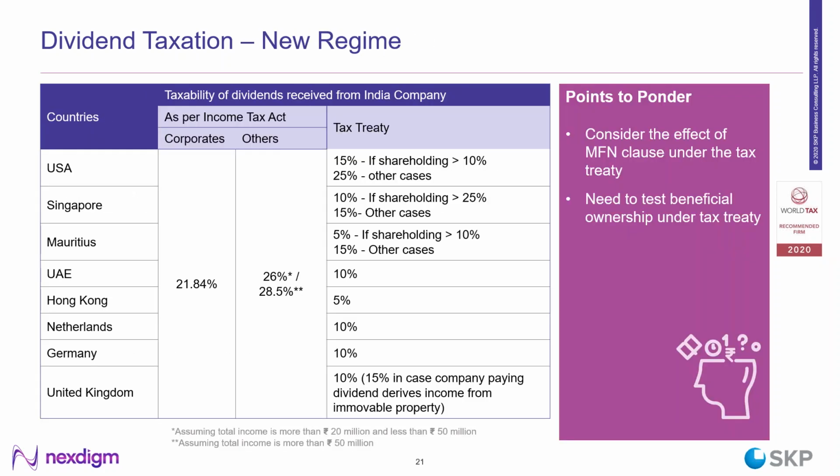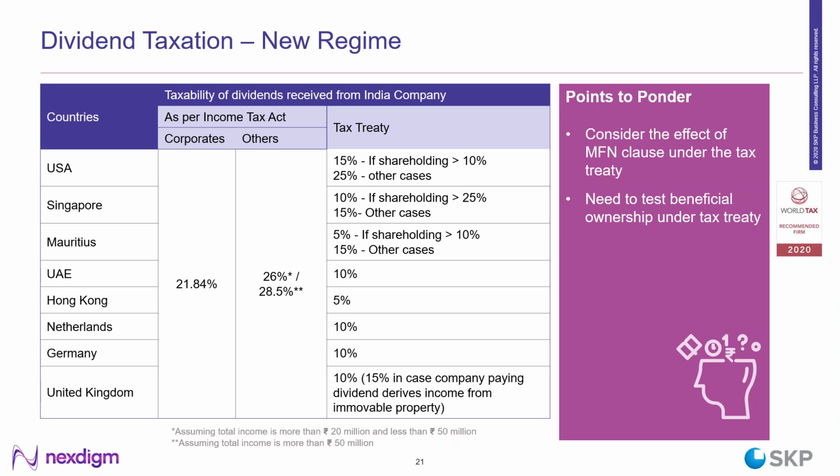So I'll take this slide first. If you look at the scenario now, say a US shareholder is earning dividend income from India and is holding more than 10% shares in the Indian company, the tax rate applicable would be 15%.